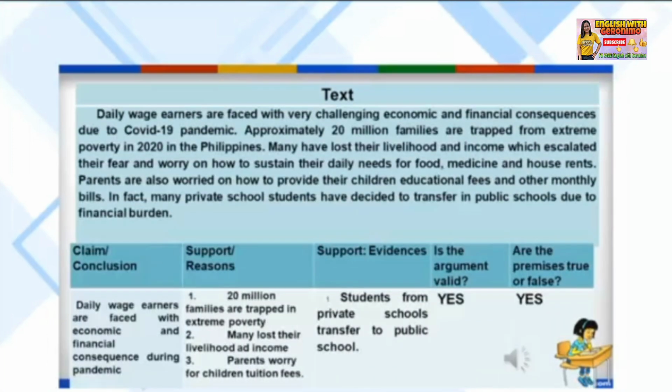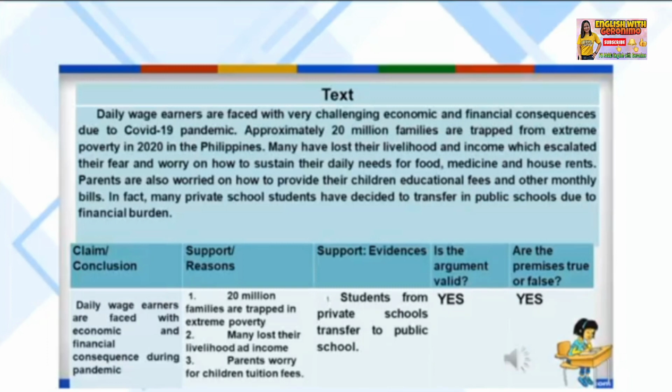Here is the answer. The claim or conclusion of the text is, daily wage earners are faced with economic and financial consequences during the pandemic. Support or reasons are, number 1, 20 million families are trapped in extreme poverty. Number 2, many lost their livelihood and income.